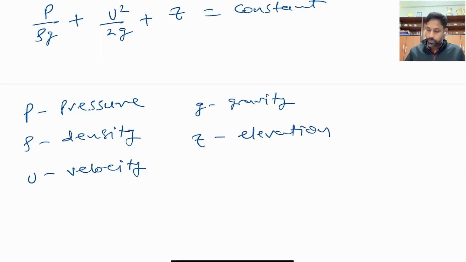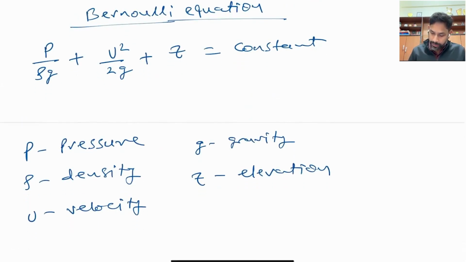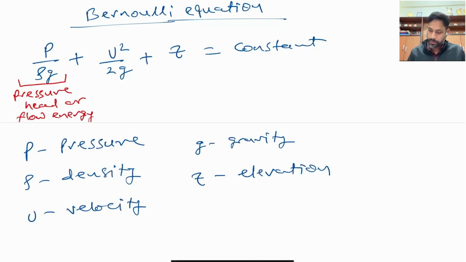Right? So here, what you have is, this is known as the pressure head or flow energy.